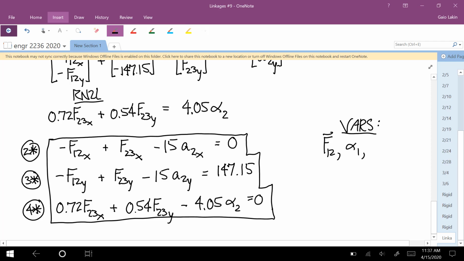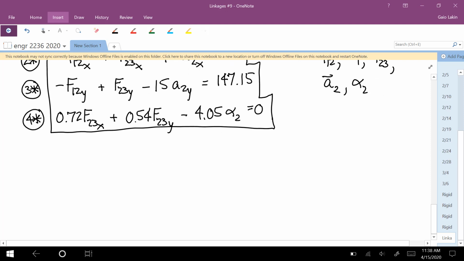Now we have F23, the vector, A2, that's the center of mass of 2, and alpha 2. So we have 2, 4, 6, 7, 8 variables and 4 equations.